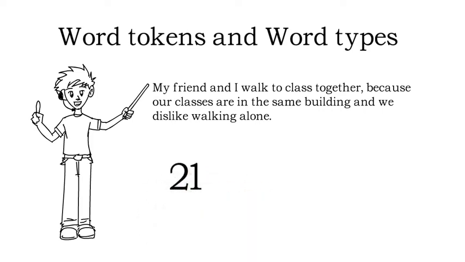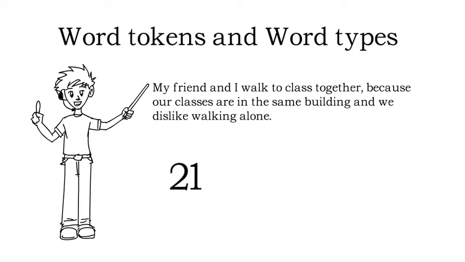On the other hand, you may have thought about whether you should count the two instances of "and" in the sentence as a single word and not as separate words. You might even have thought about whether to count walk and walking, or class and classes, as different words.